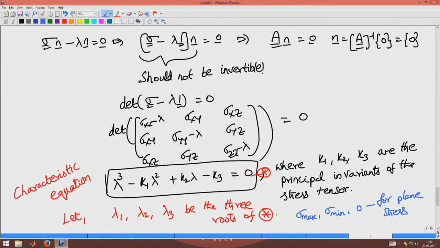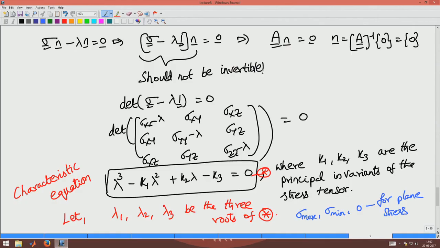Sigma max and sigma min from the Mohr circle equation are the radius of the Mohr circle plus the center point of the Mohr circle. The third root would be 0, because K3 is 0; you can see that lambda equal to 0 is a root of the characteristic equation.